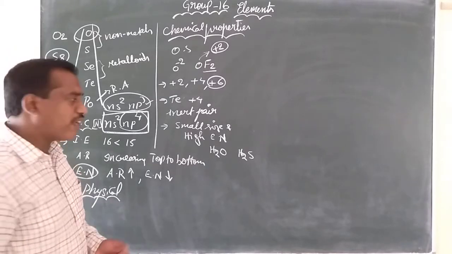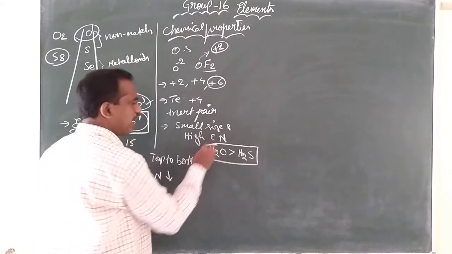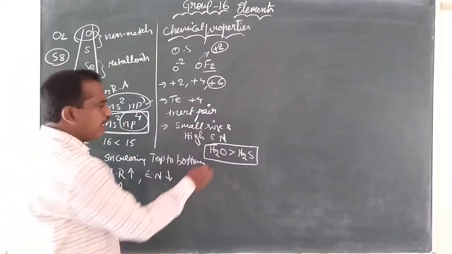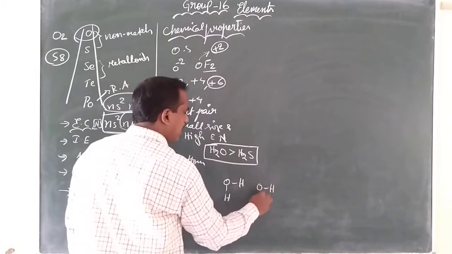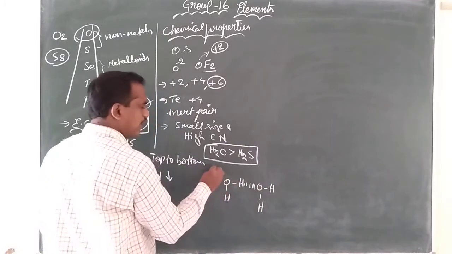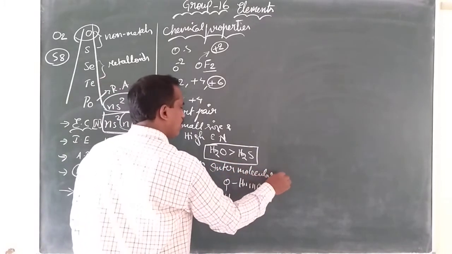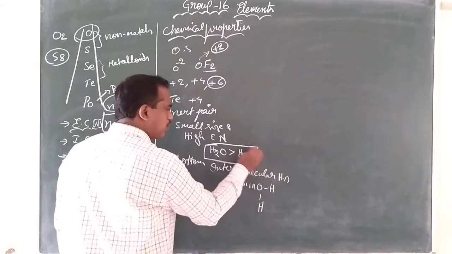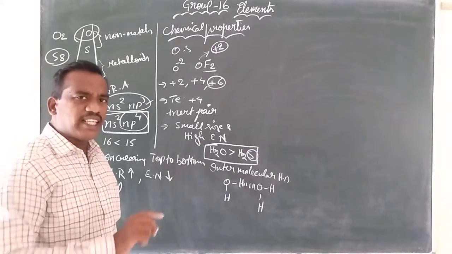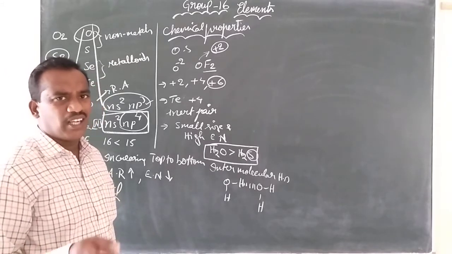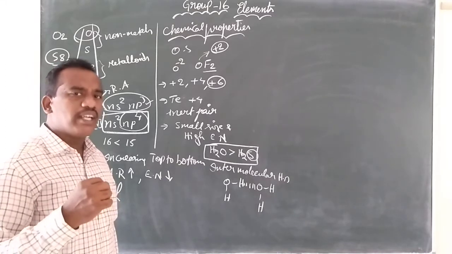You must not forget H2O has a higher boiling point than H2S, because H2O molecules are involved in intermolecular hydrogen bonding, but the electronegativity of sulfur is lesser than oxygen. When electronegativity decreases, they will not participate in intermolecular hydrogen bonding. Obviously, the boiling point decreases.